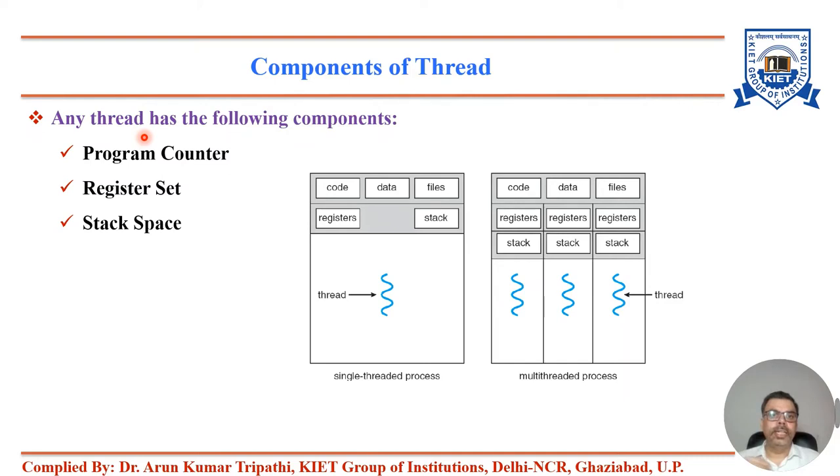So for each thread there must be a program counter associated with it, so that whenever the thread is going to process one instruction, the next instruction must be stored before the execution of that particular thread, so that continuity will be maintained and there will be no lag of time.